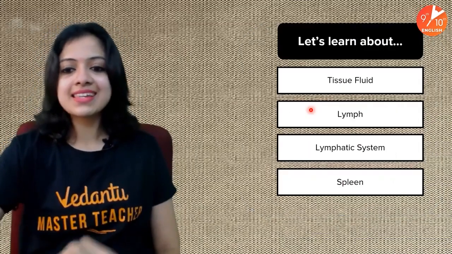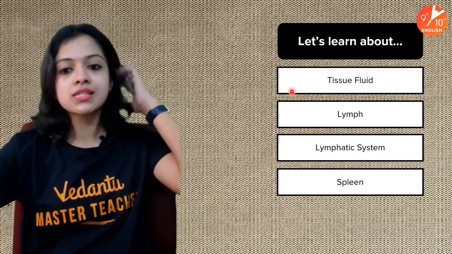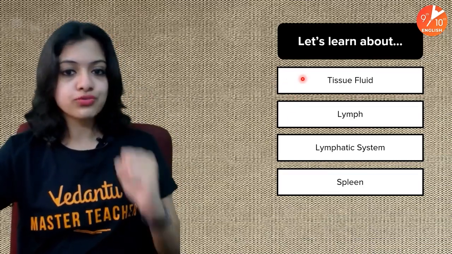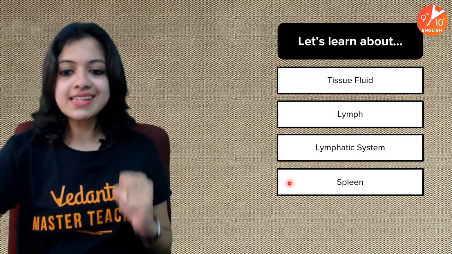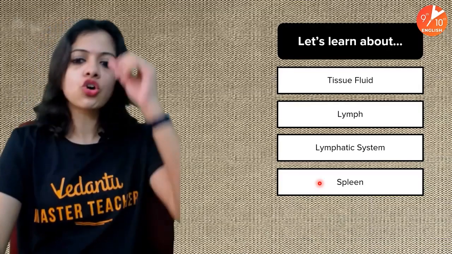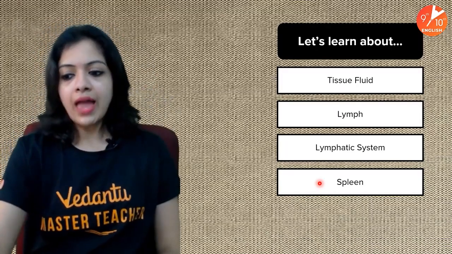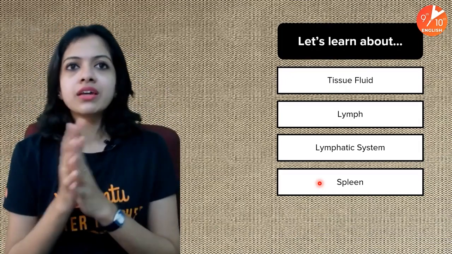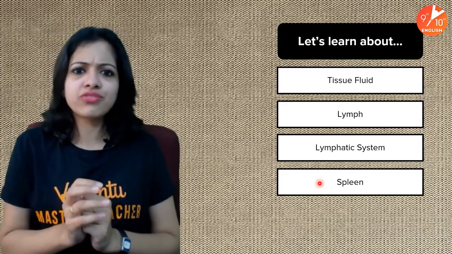Yes. And today, let us learn about the last few concepts in the chapter, which are tissue fluid, lymph, lymphatic system, and the spleen. It's very, very simple. This is not going to take us very long. I think most of the students just have a confusion about what exactly the lymphatic system is.